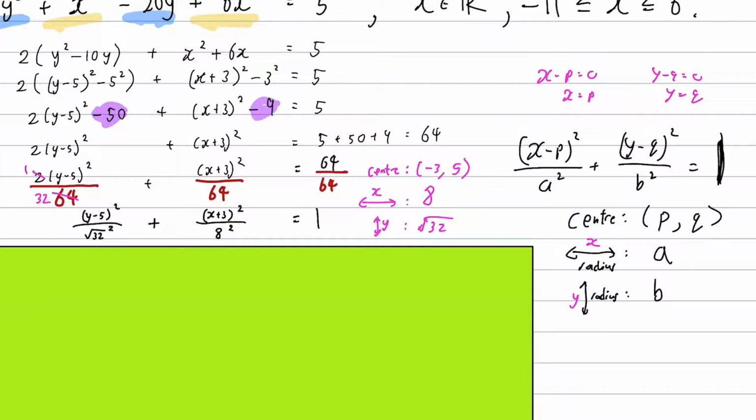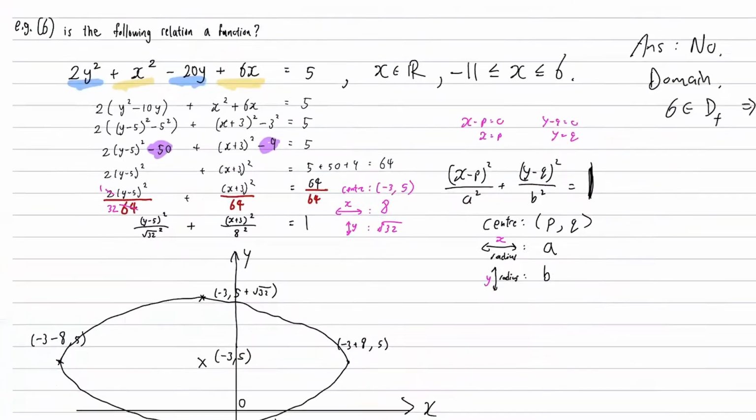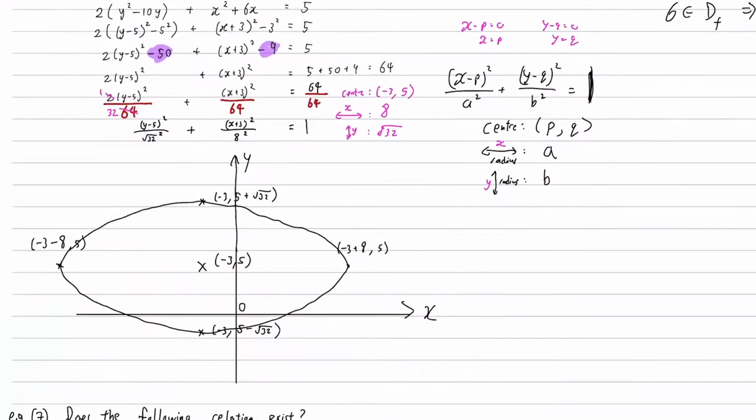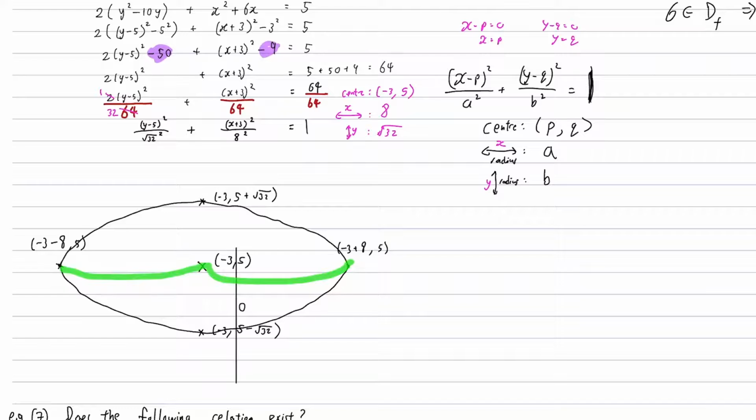I'll just review the graph straight away. This is how it will look. Okay. I drew it beforehand to save some time. All right. So how do you draw the graph? How I did it was I started off by not drawing the x and y axis. I just draw the center. Then after that, I consider my radius. Then I get my corresponding coordinates. So -3 minus 8, then -3 plus 8.